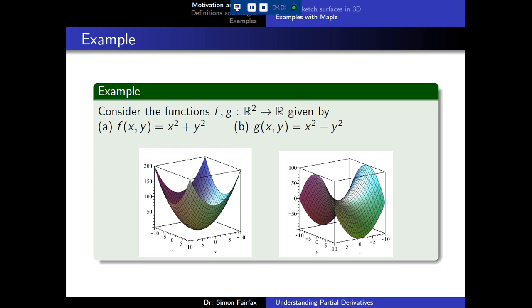Okay, and Maple's a very nice program. It's very good at telling us what scales look best. So I picked some x and y's, and then it chose the heights to make the pictures just look nice and scalable. Okay, so there's some surfaces using some of the ideas I discussed earlier.